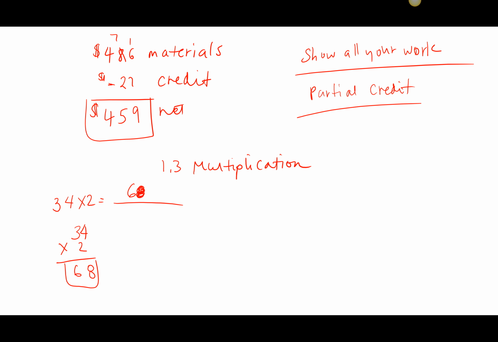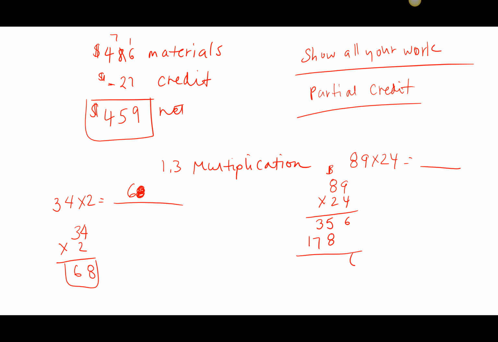But what if you have something like this, 89 times 24? Okay, so you line it up again. Do your multiplication. 9 times 4 is 36. 8 times 4 is 32 plus 3 is 35. 2 times 9 is 18. So you start at the second number, carry your 1. 2 times 8 is 16, 17.